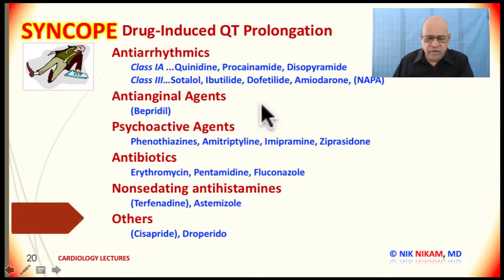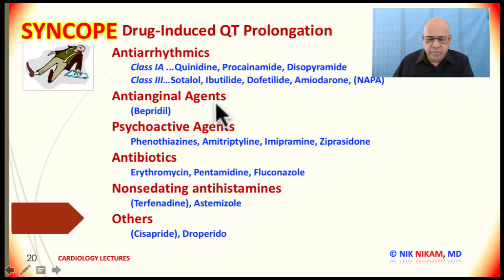Here's a long laundry list of drugs that can produce prolonged QT interval, starting with antiarrhythmics. The very drugs that we give to prevent arrhythmias can become pro-arrhythmogenic, and that's an important thing that we need to keep in mind, because some of these drugs can produce torsade.